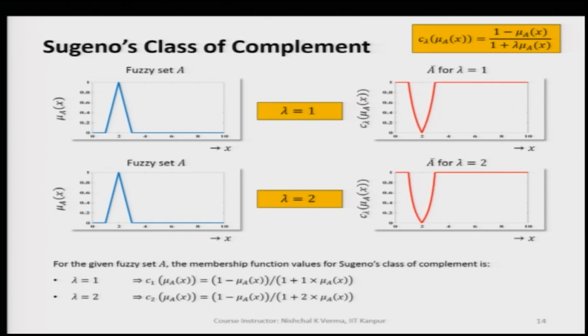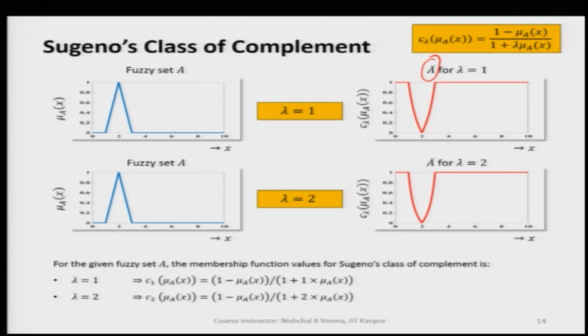Now, similarly, we can use lambda equal to 1 and get the membership values accordingly, and then we can plot the A complement by taking all the respective membership values, or the membership function here, because this is continuous.